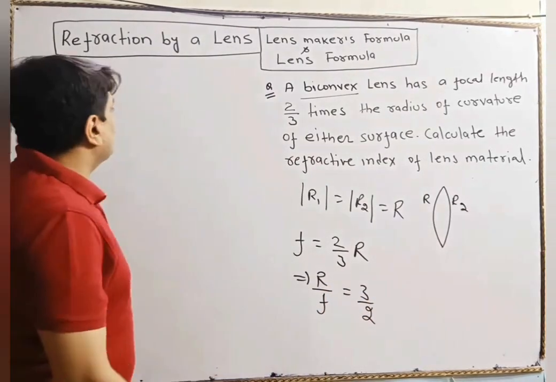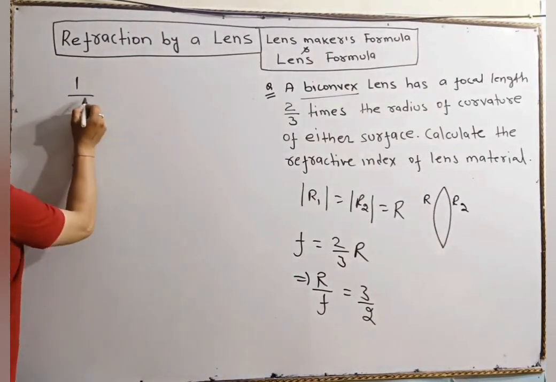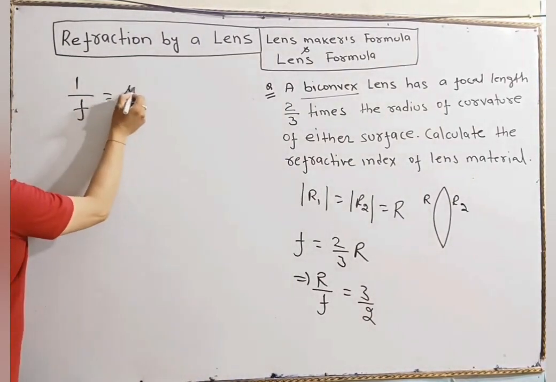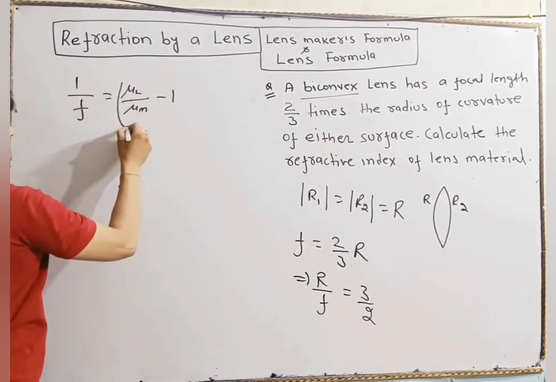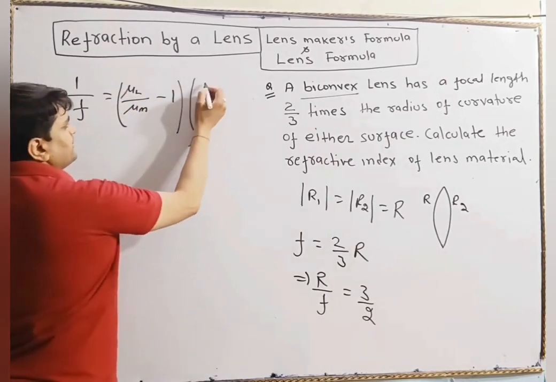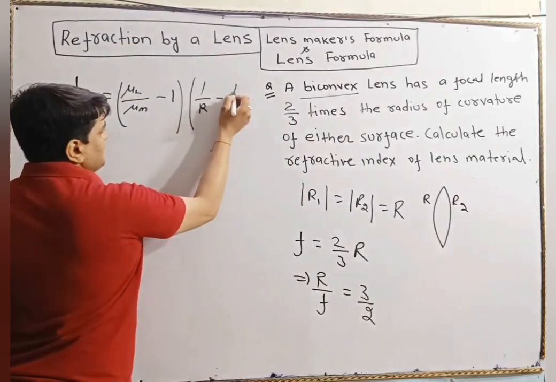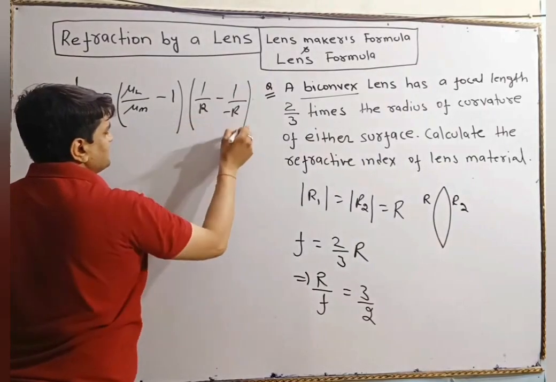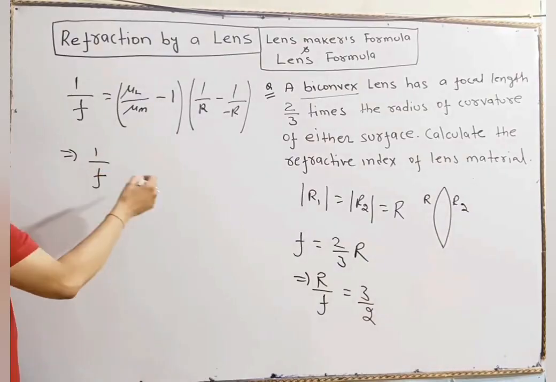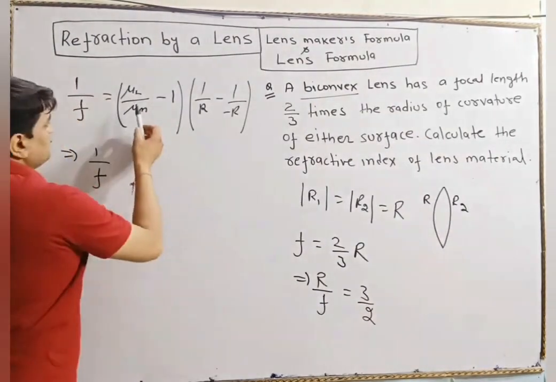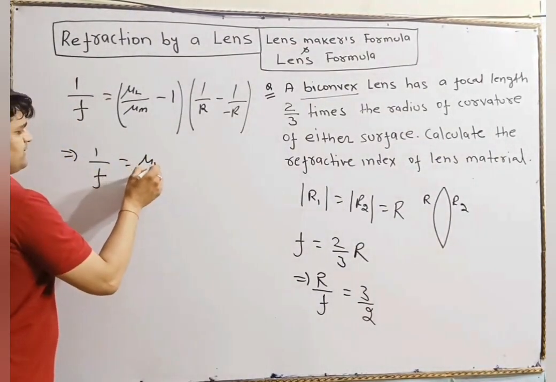Now we have the lens maker formula, 1 upon F equal to (mu L upon mu M minus 1) times (1 upon R minus 1 upon minus R). Because the medium is not mentioned here, by default we will take mu M as air.